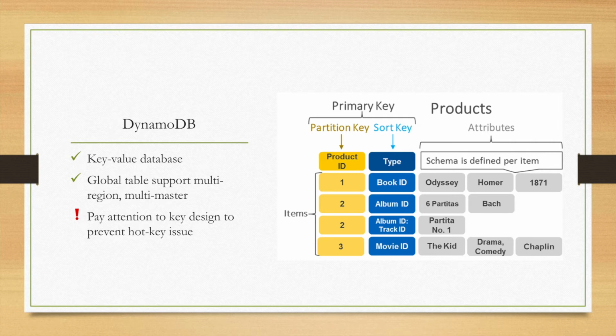But when you use such a key-value database, you need to pay attention to key design. If your key is not designed well, maybe one specific key gets a lot of traffic, and it will have a hot key issue, where your read-write throughput will be consumed by that single hot key's requests.